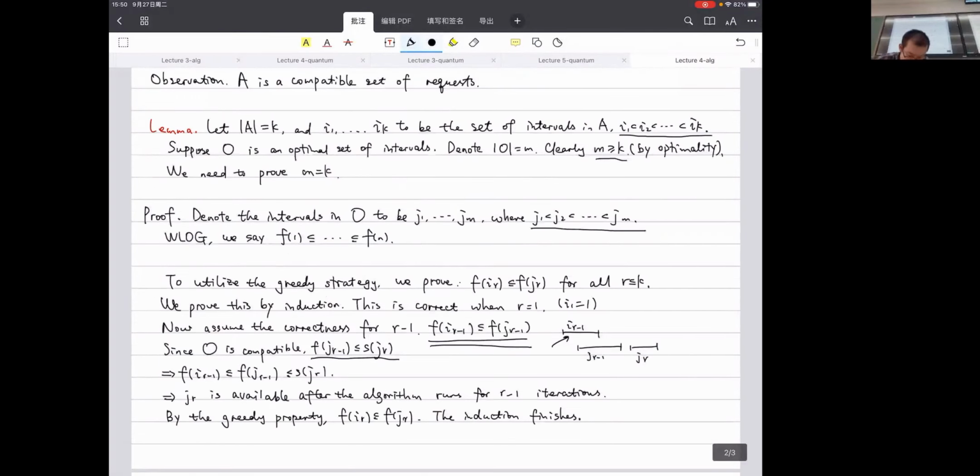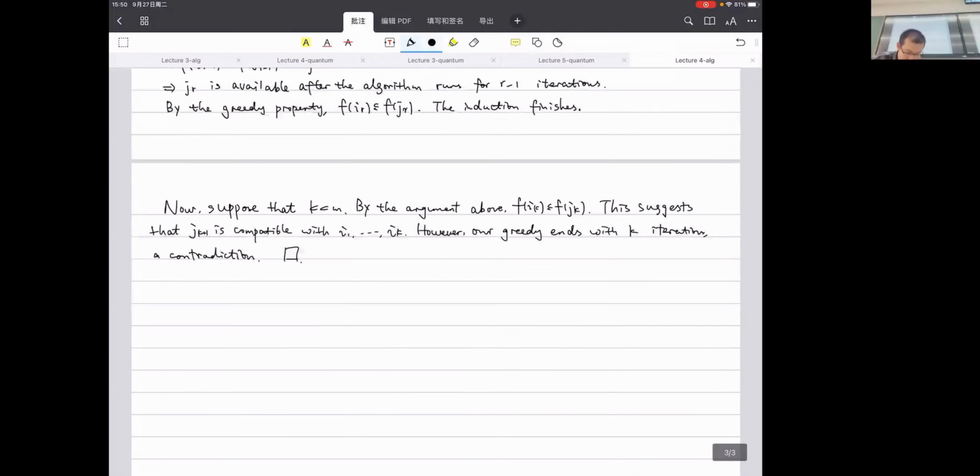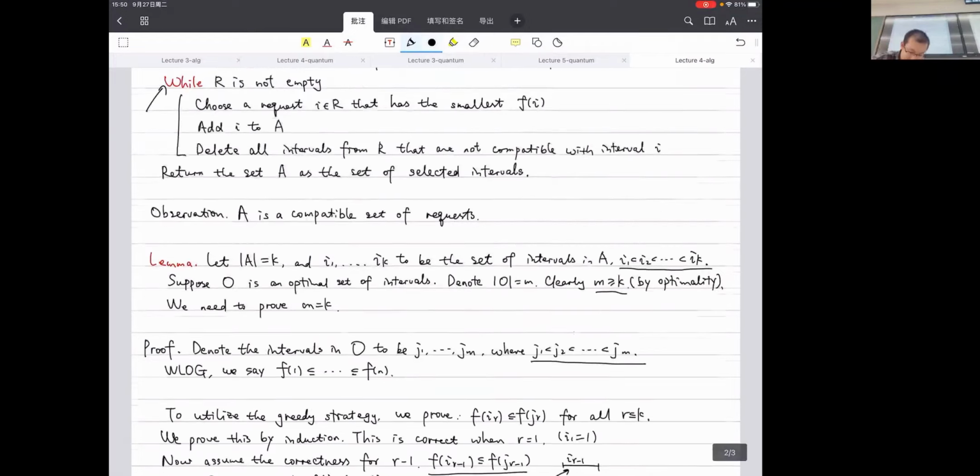In our algorithm, we say that while R is not empty, you just run this algorithm in a greedy sense. But based on this discussion, there exists at least one interval among all possible intervals that is compatible with your intervals, yet your algorithm terminates. This is a violation of the greedy strategy and finishes the whole argument.